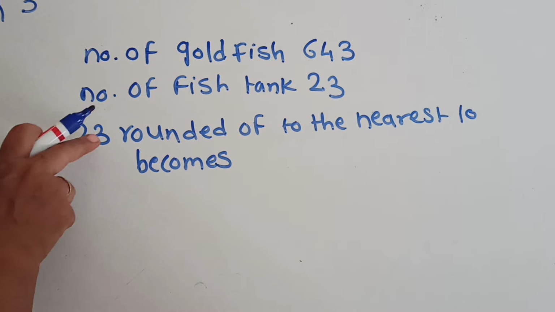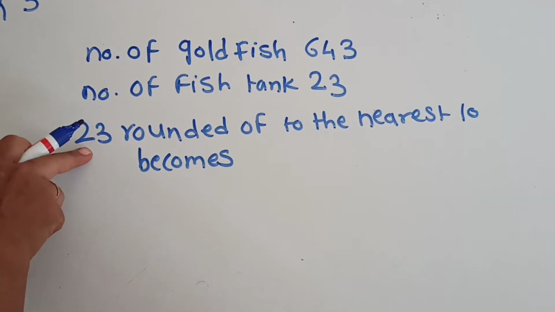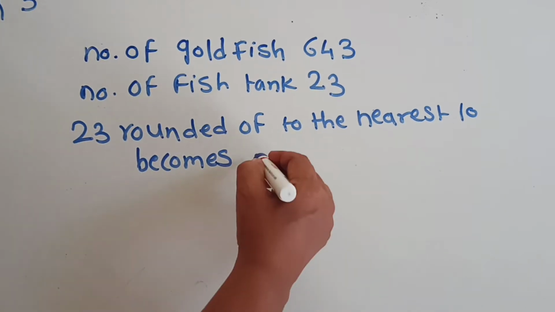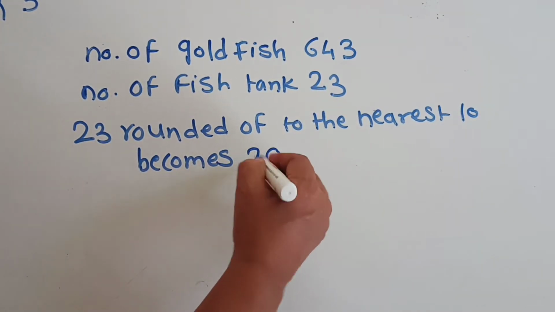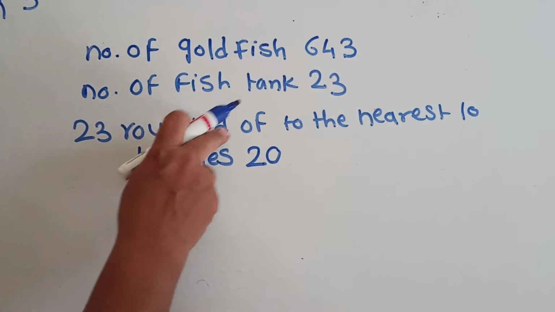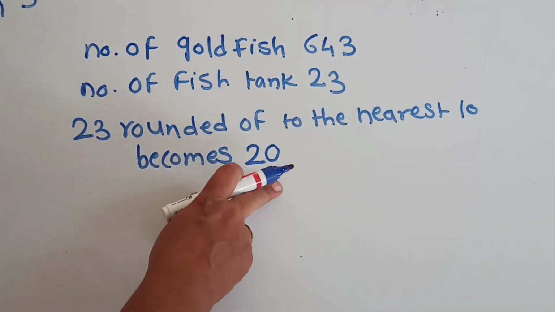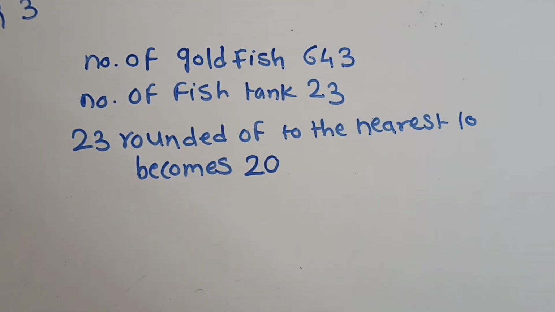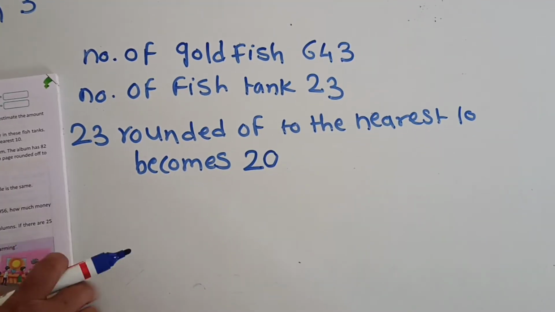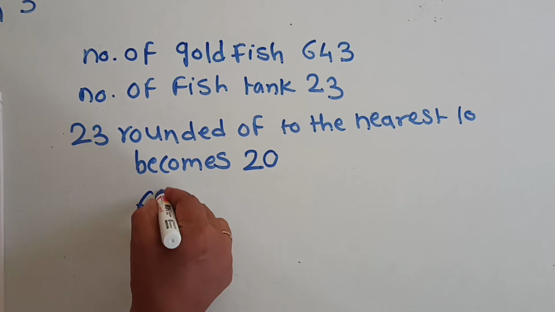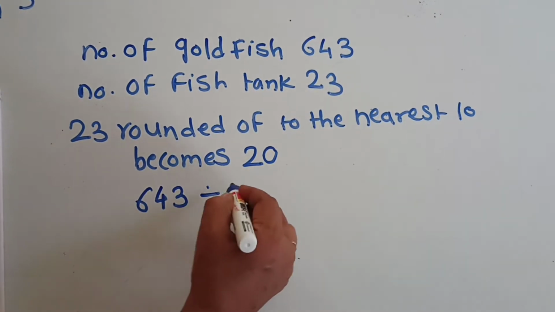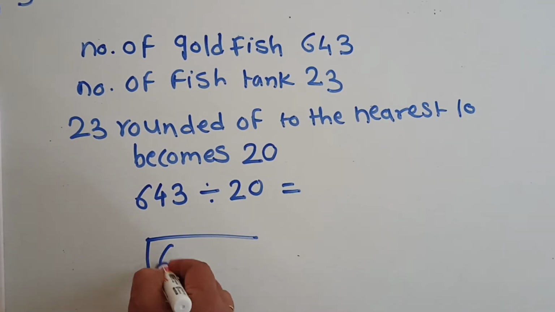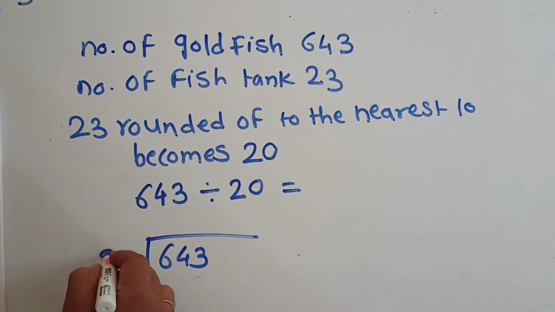And 23 rounded off to the nearest 10: here is 3, so no change in tens place, 0 and this 2. So 23 rounded off to the nearest 10 becomes 20. And then we have to divide 643 by 20. We have to solve this 643 divided by 20.